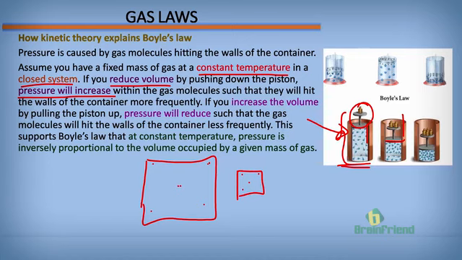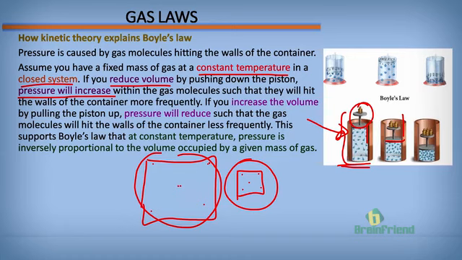We can see that the distance between them has been reduced. So there is every possibility that the pressure will increase. They could collide more with themselves, and they can generate higher pressure when they are in a smaller room. Same number of persons, but difference in volume. So this is what happens in Boyle's law.